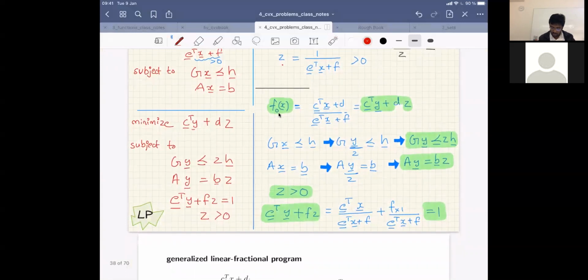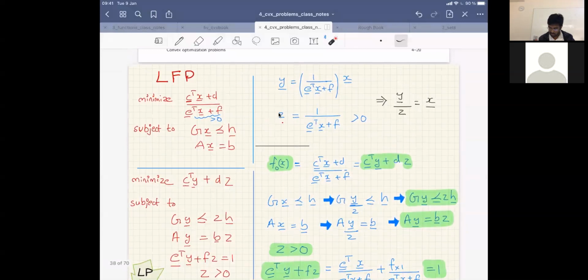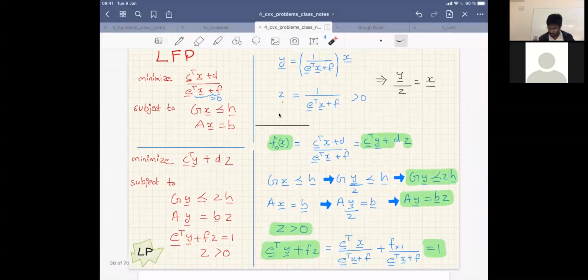Yeah. So the objective function I can write like this. Now we take the first inequality, Gx less than or equal to h. Just substitute for x, this guy. So you will get this, and now you got a new inequality. Similarly, for Ax equal to b, you get a new equality.